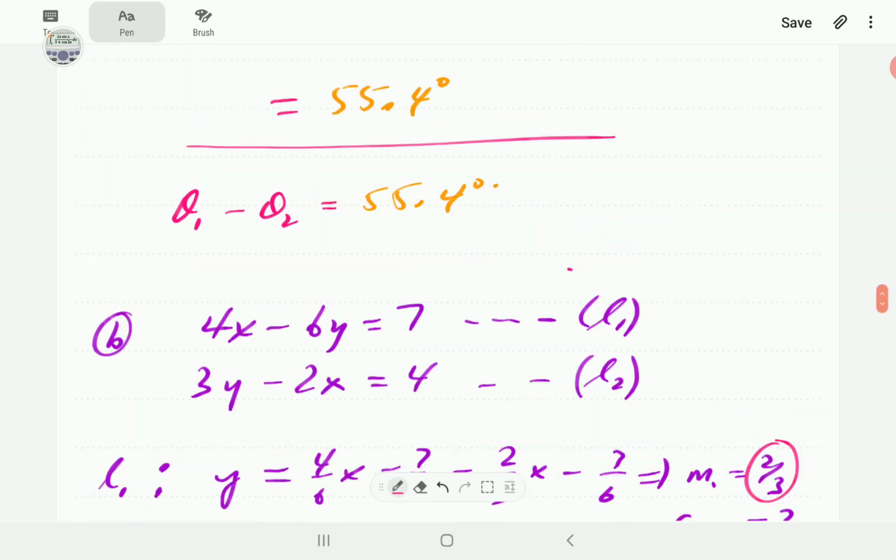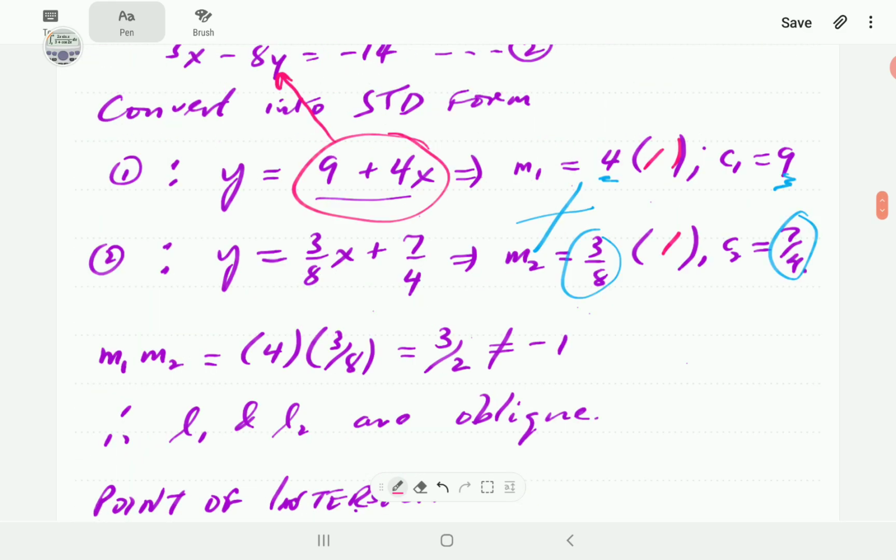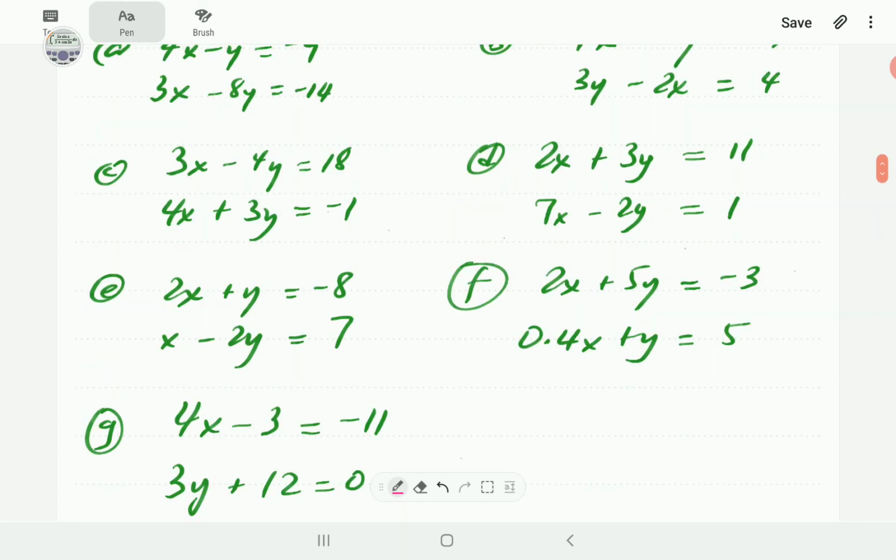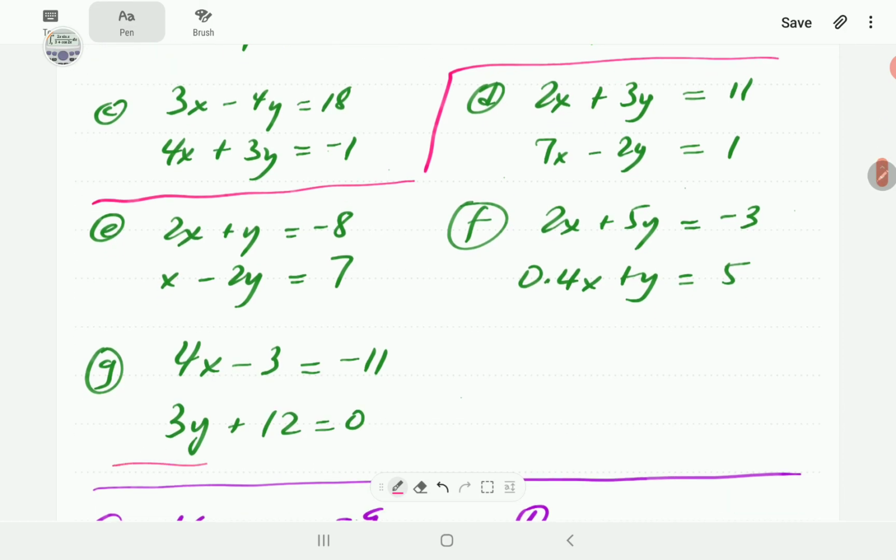Alright, so that's A, B, and C. We are now going to ask you to do D to G. So if you want to have a go at D, E, F, and G, then you will find our working out of these in the next video, which is going to be part 2 of the parallel, perpendicular, and oblique lines.